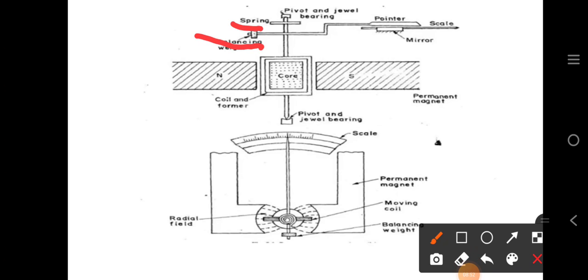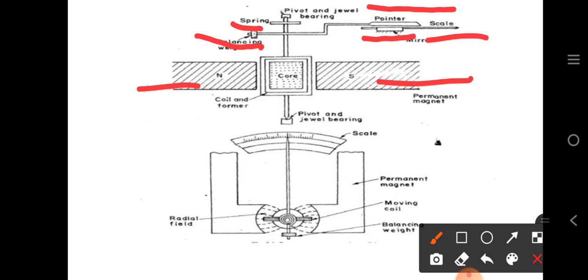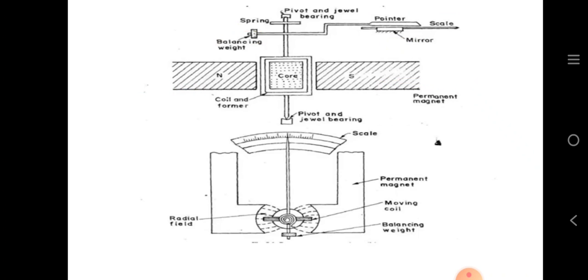So both these are connected to the coil, and here we can see the pointer. Why? Because as this is a measuring instrument, according to the electromagnetic field applied on the core, it will give the output and it will move around in a particular direction. So for that purpose, to measure this, there is a pointer which is connected to the scale. So this is actually the construction of the PMMC.